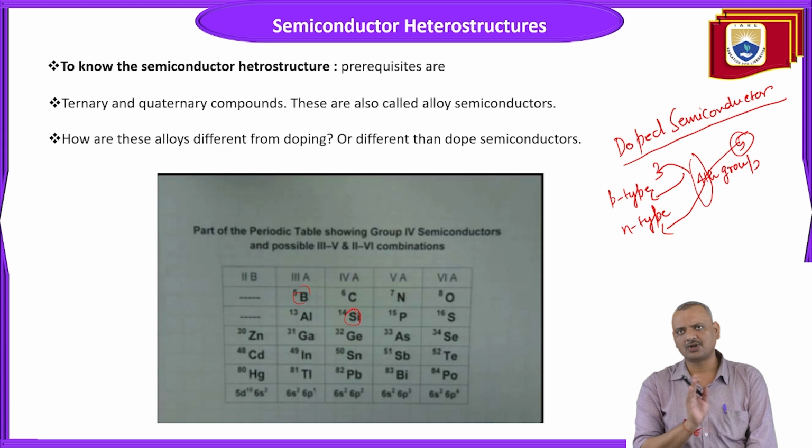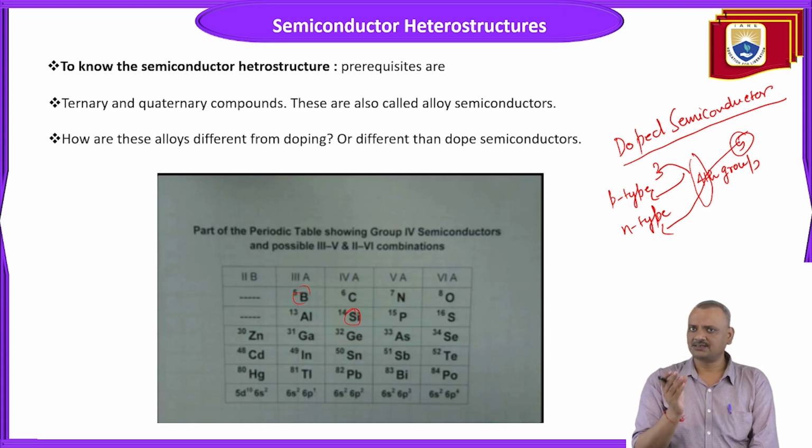Once the boron is doped with silicon, the boron acts as an impurity, and the silicon, after doping, keeps its name as silicon.